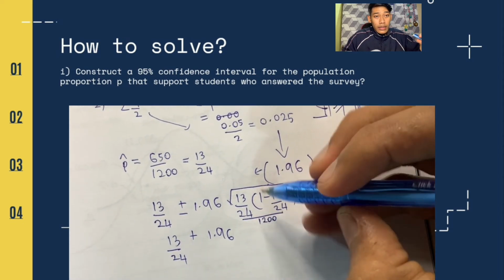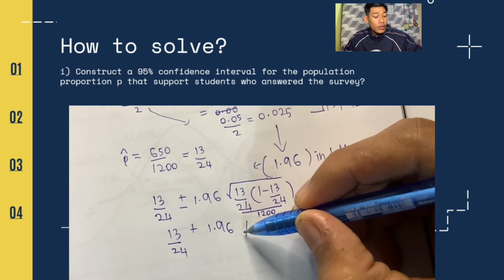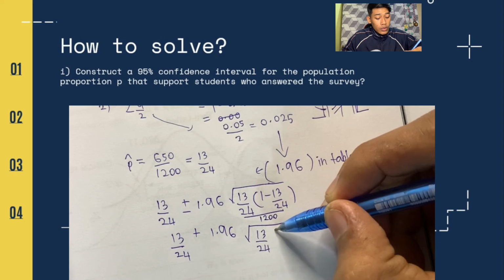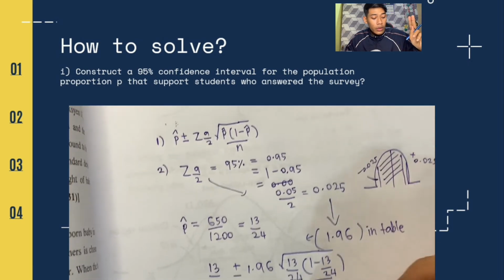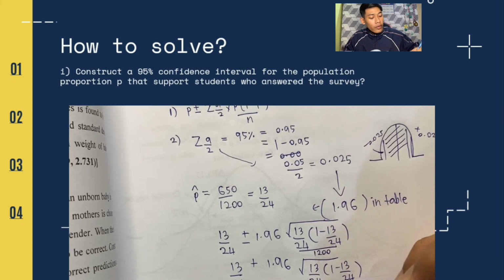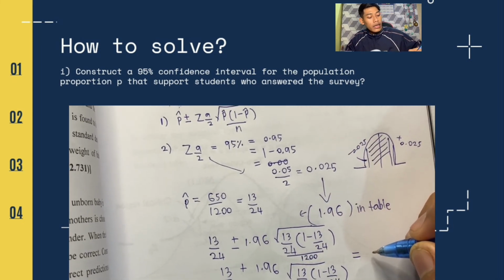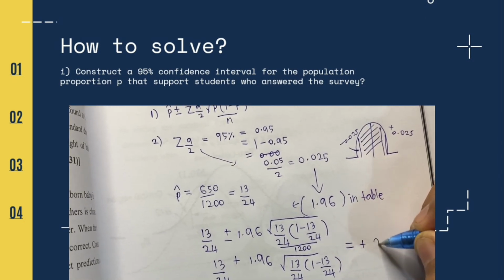Okay, the answer is we can get two answers because the formula gives one plus and one minus. So for the plus, we check in the calculator, we can get 0.569.